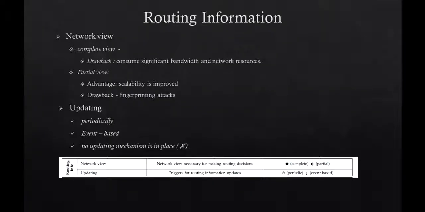Routing information. Routing view decides the route of a connection. Network view: routing decisions are made based on the completeness of the information. It can be a complete view or a partial view. Complete view is when the routing decision maker has a complete view.